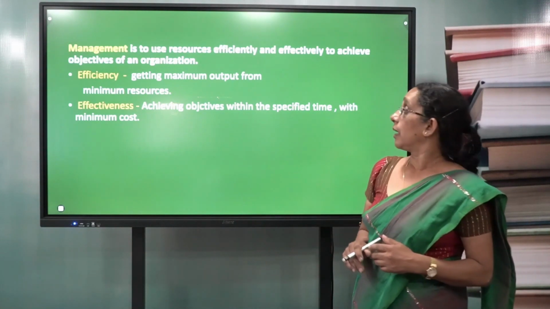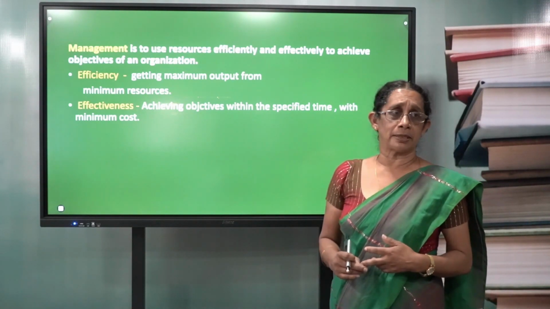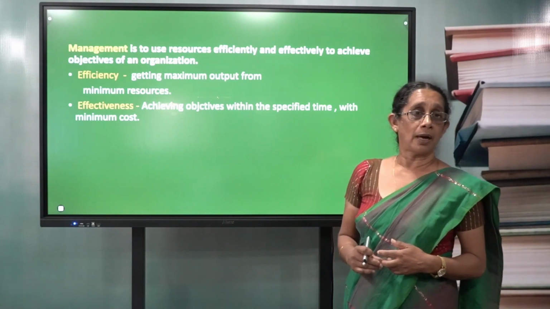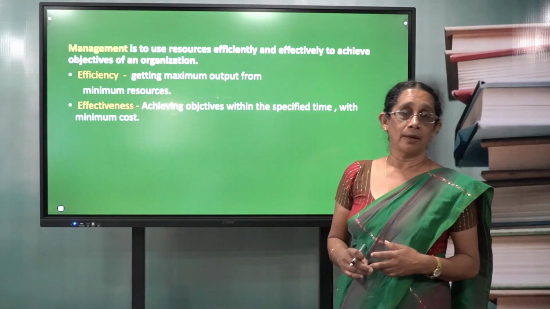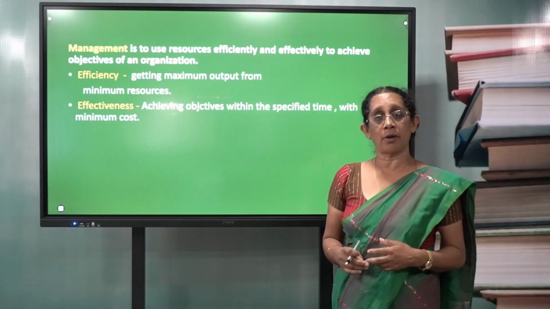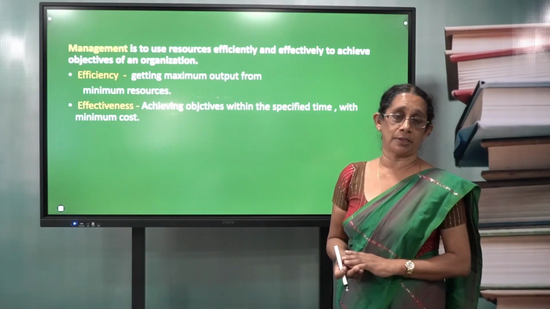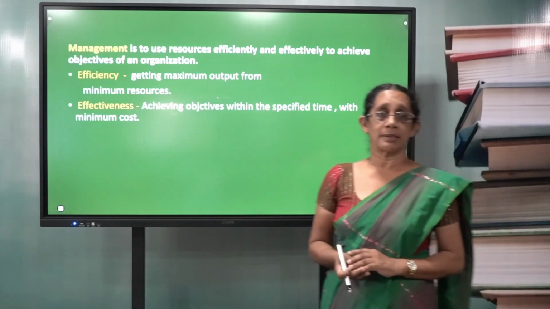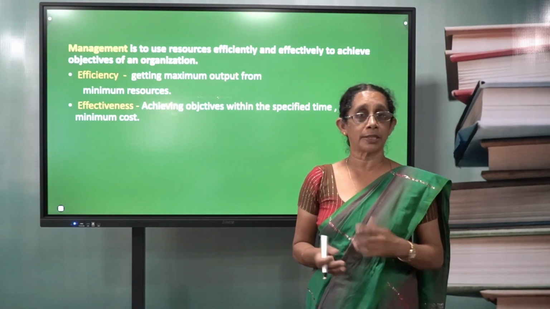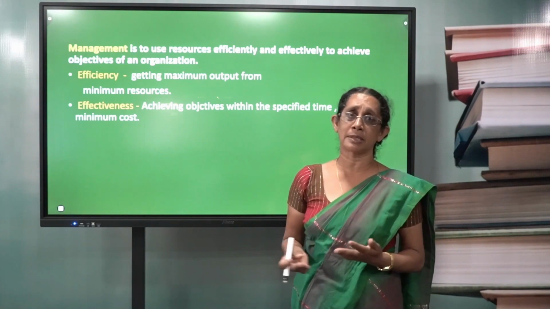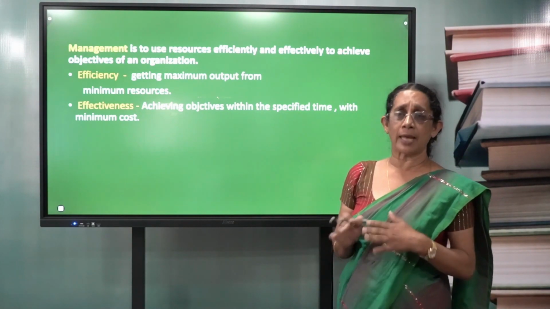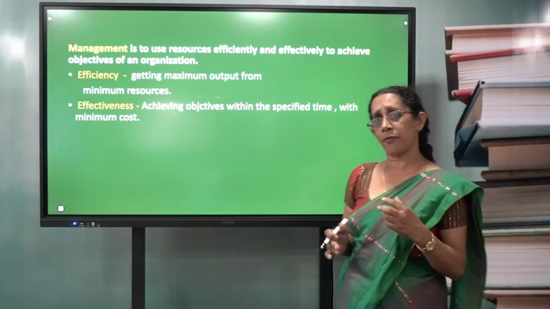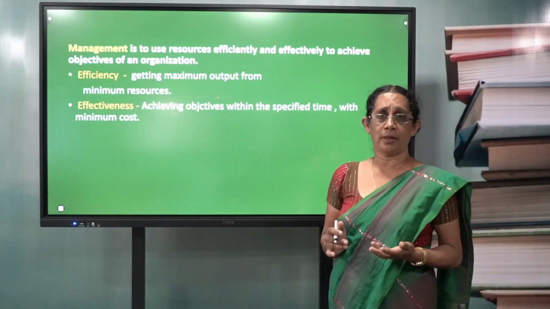What are the objectives of a business? Some businesses may have the objective of earning profits. Some may have the objective of increasing their sales. Or some businesses provide social welfare services, and most businesses have more than one aim.